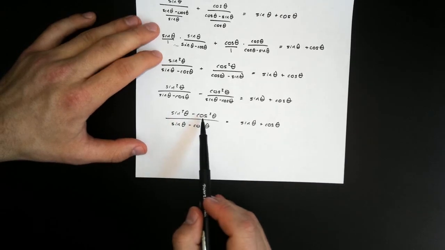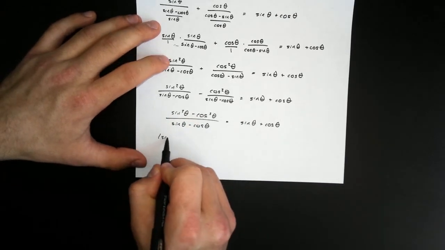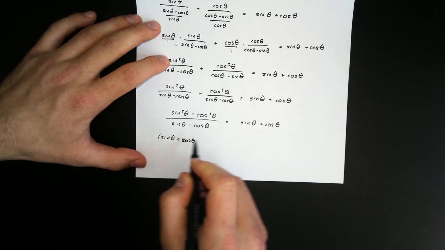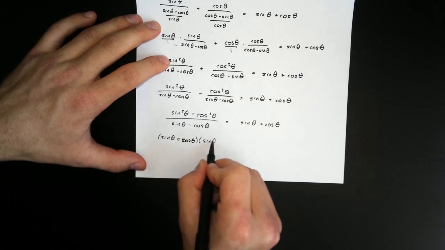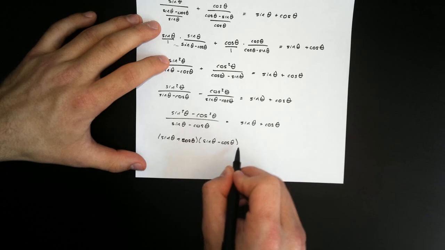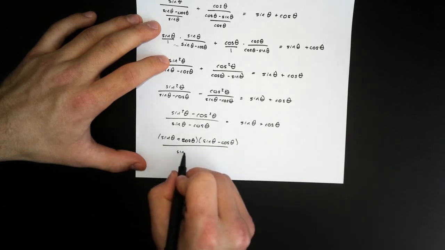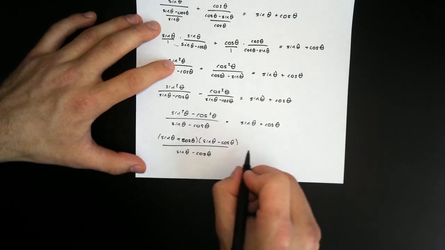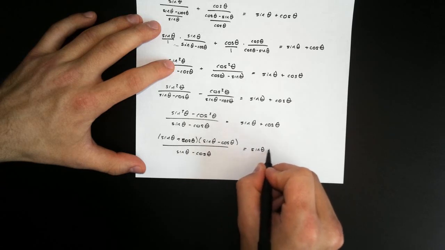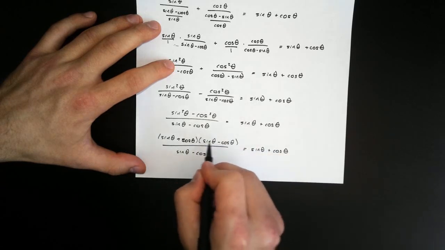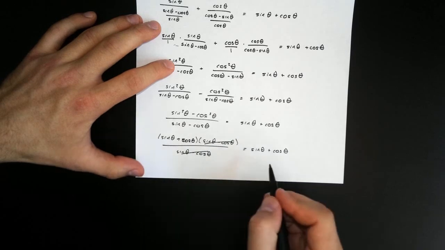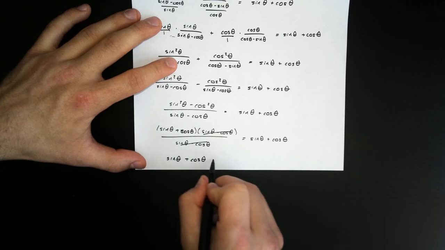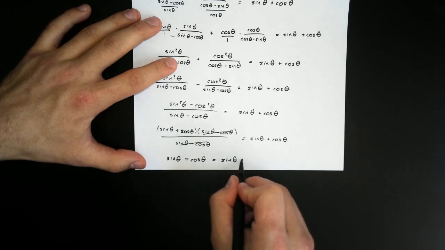This is the difference of perfect squares, so this can factor into sine plus cosine and sine minus cosine, which is good because if you look at the denominator, our denominator matches with one of those factors. So sine minus cosine will simplify with the sine minus cosine in the denominator, and we are left with sine of theta plus cosine of theta, which is what we were looking for.